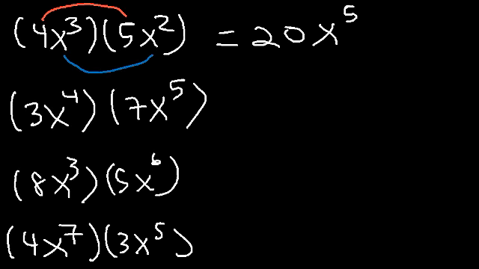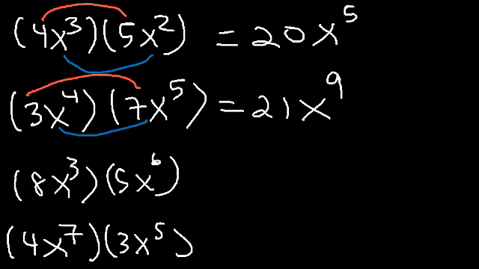Try those examples. So 3 times 7 is equal to 21. And x to the 4th times x to the 5th is x to the 9th, because 4 plus 5 is 9.